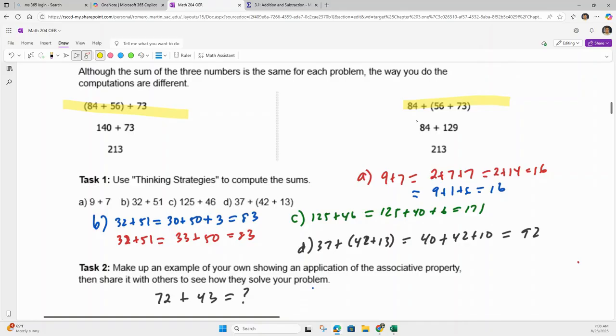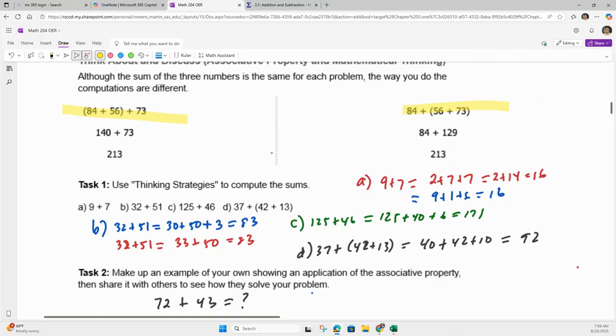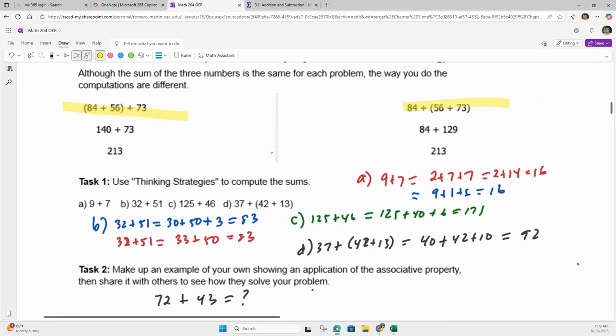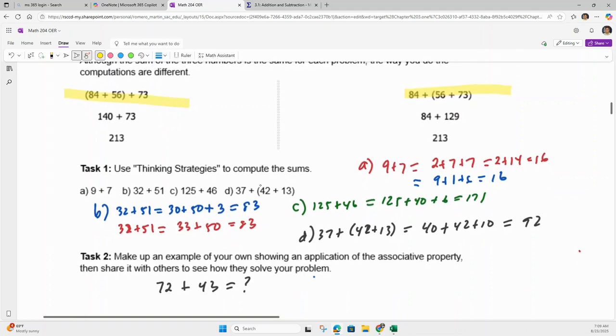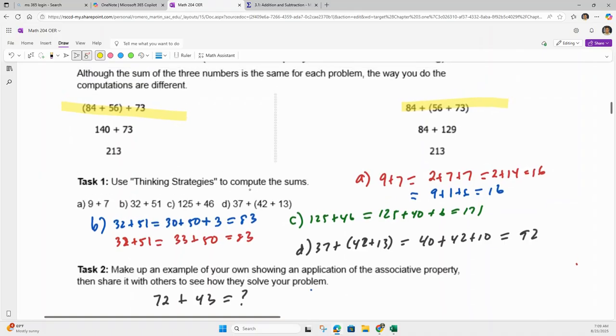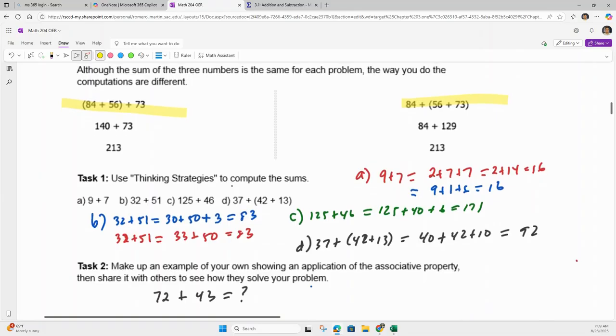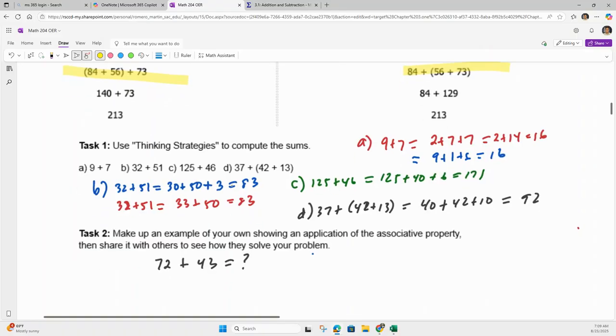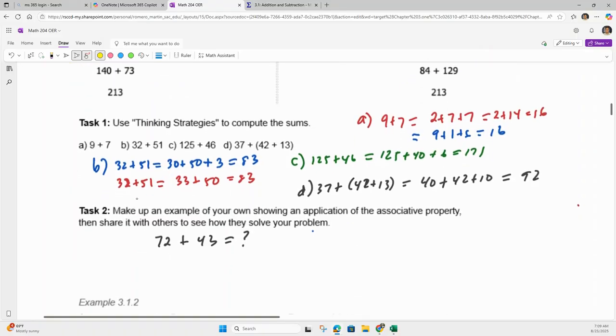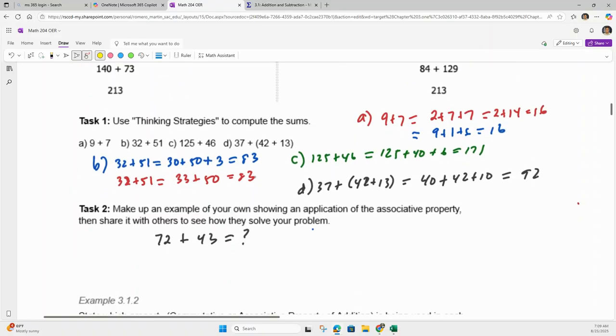Over here, we could go the other way around. We could add these two together first, get an answer, and then add those two there, right? So the sums are the same for each, but how we put them together could be different. And which one's easier to solve, right? This would be what we call thinking strategies. I think maybe the left one, but again, it depends on how people see the problem. So we call these thinking strategies, which we're going to continue to work on in the class, right?